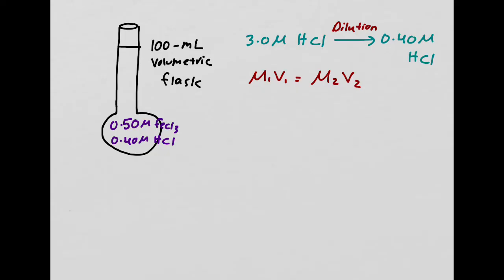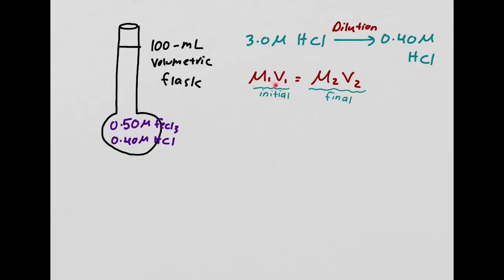Let's go over this. I know you already know this, but let me just say it for my own good. M1V1 is your initial concentration and volume. M2V2 is your final concentration and volume. So every time we talk about dilution, it's M1V1 equals M2V2.